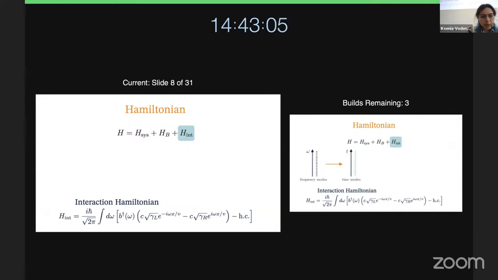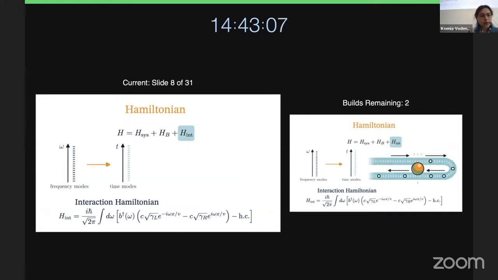Another thing we're going to do is go from a frequency modes description to a time modes description. It's quite easy to understand.